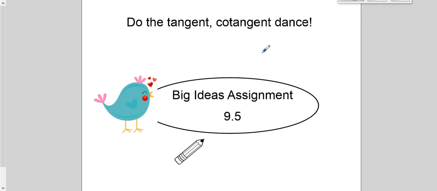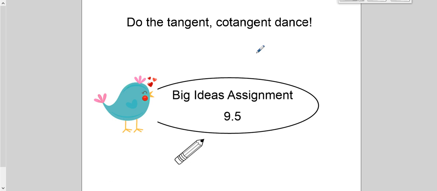Tangent cotangent dance. Did you know there's a dance? You ready? Stand up. Okay. Tangent. I'll turn around. Tangent goes up to the right and is centered on the y-axis. And then step forward, so off to the side to the right, so forward on a graph. And then switch your arms, cotangent.